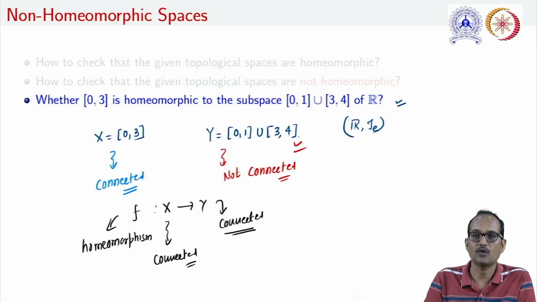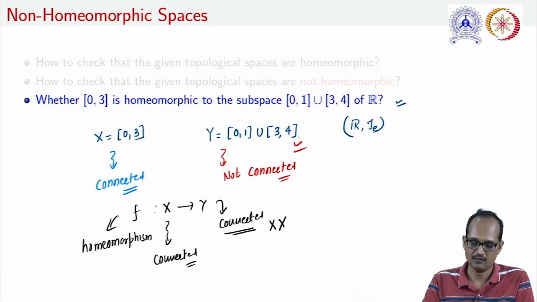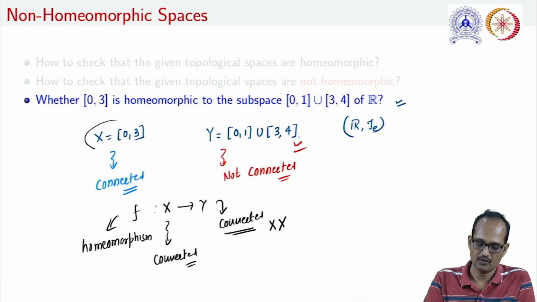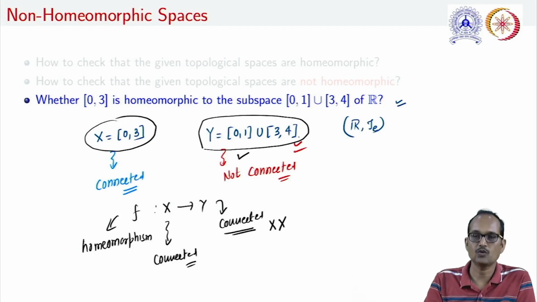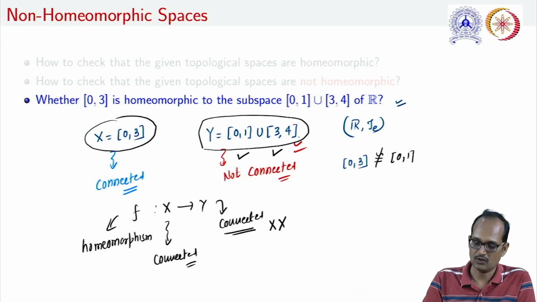But it is not in this case, and therefore we cannot construct any homeomorphism from the closed interval 0 3 to the union of two intervals, the closed interval 0 1 and the closed interval 3 4. Therefore the interval 0 3 is not homeomorphic to the union of these two closed intervals.